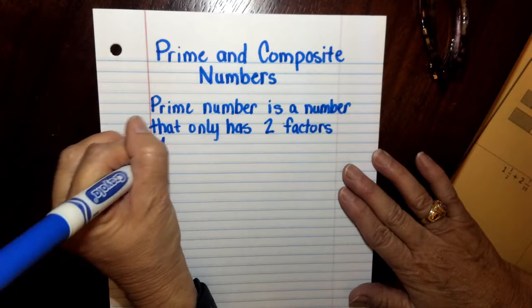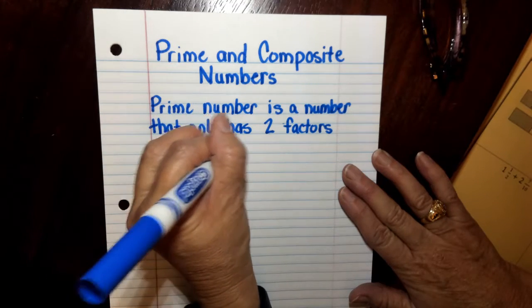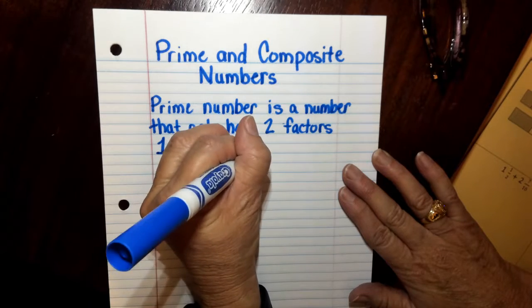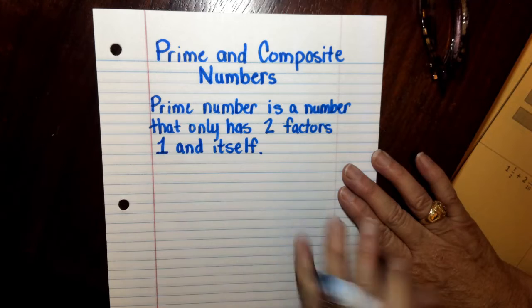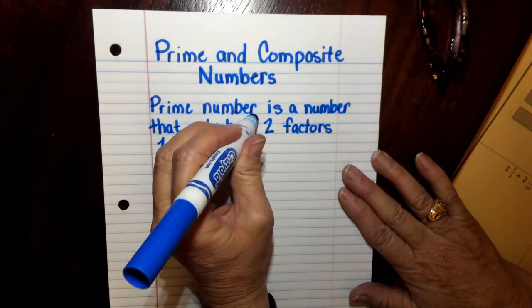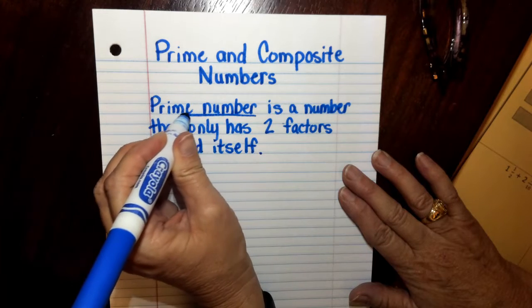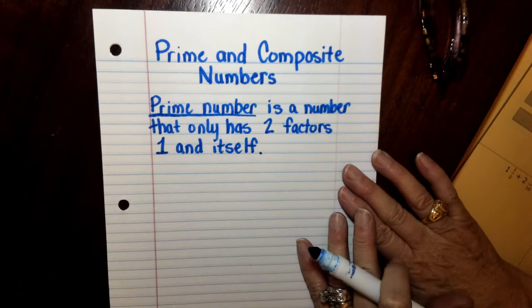The number 1 and itself. Alright, so that's what a prime number is. A prime number is a number that only has two factors, 1 and itself.